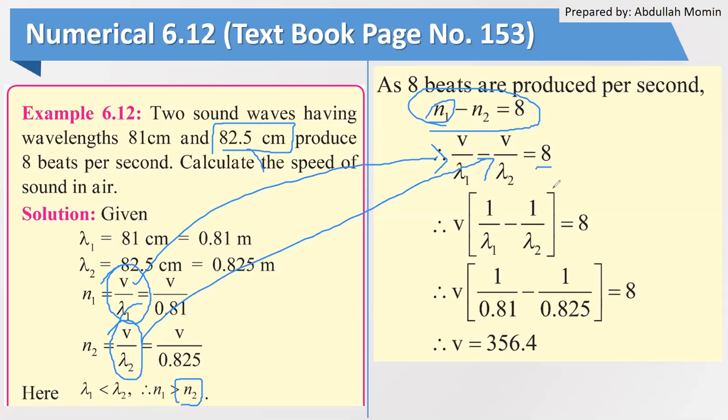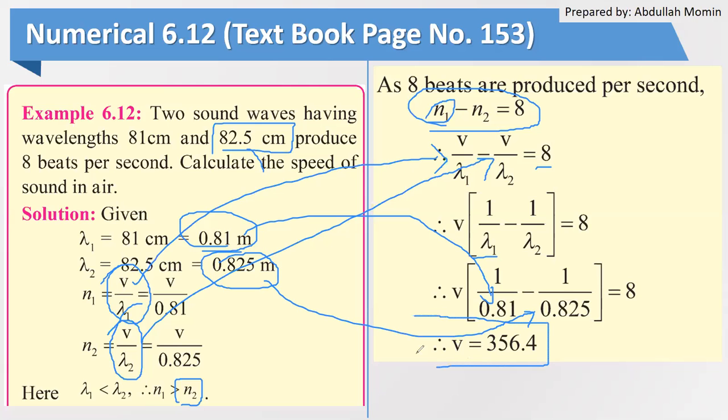So it can be written as 8 = V, taking V common, (1 upon lambda 1 minus 1 upon lambda 2). Now instead of lambda 1, we put the value 0.81 meter, and instead of lambda 2, we put 0.825 meter.